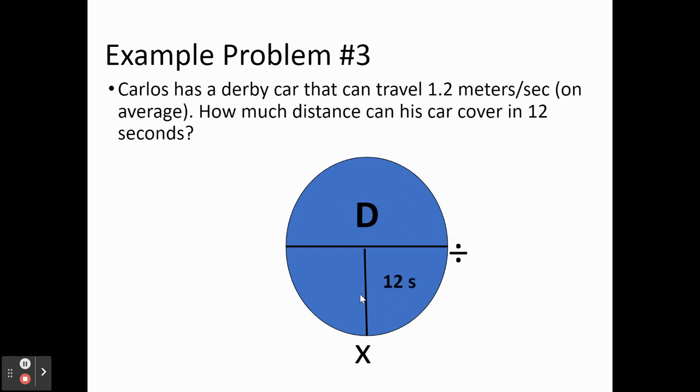So we have our seconds, our time, and we have our speed, 1.2. You see how they're next to each other? In math, that means we're going to multiply. We have speed times time. We put it into our calculator or write it down on paper, whatever you're feeling, and we get 14.4 meters.